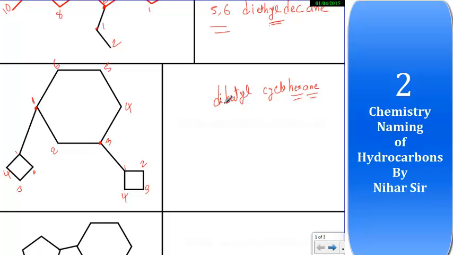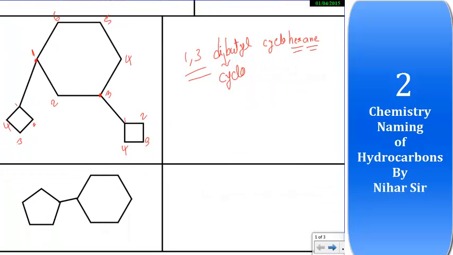Now here is something interesting that you need to add: between di and butyl, both the branches are in cyclic form, so you will write dicyclobutyl, right? And then on which numbers is there branching off? So 1 and 3. So this is named as 1,3-dicyclobutyl cyclohexane. This is how you can name this.